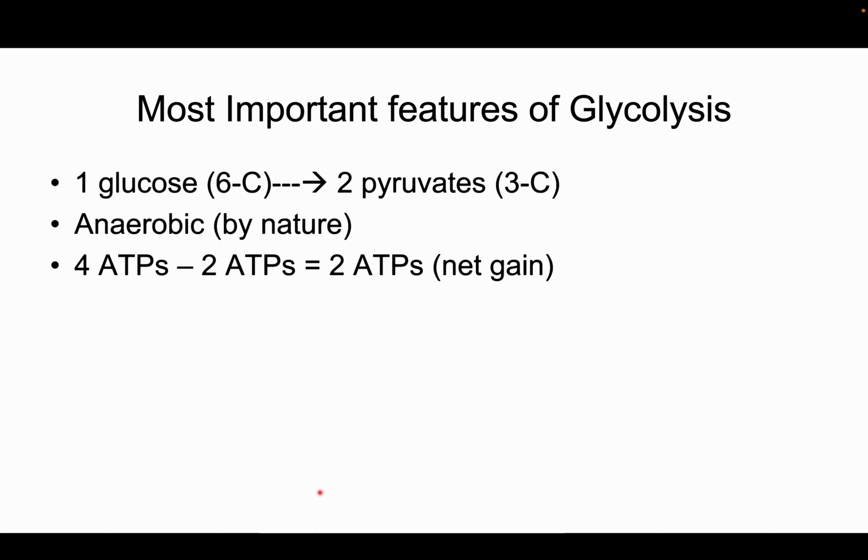Now, in terms of the net energy gain, the end product is two ATP molecules. And of course, there's also the production of NADH, the reduction of NAD to NADH, as important carriers of electrons that can later be utilized during the citric acid cycle and the electron transport chain within the mitochondria.